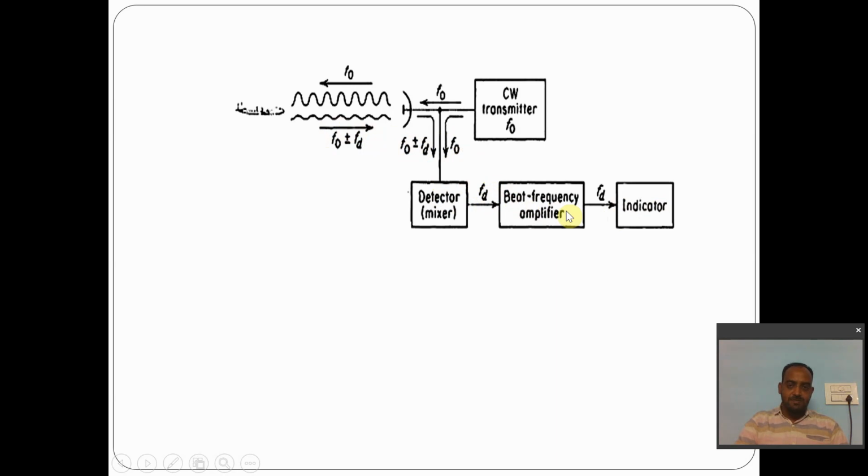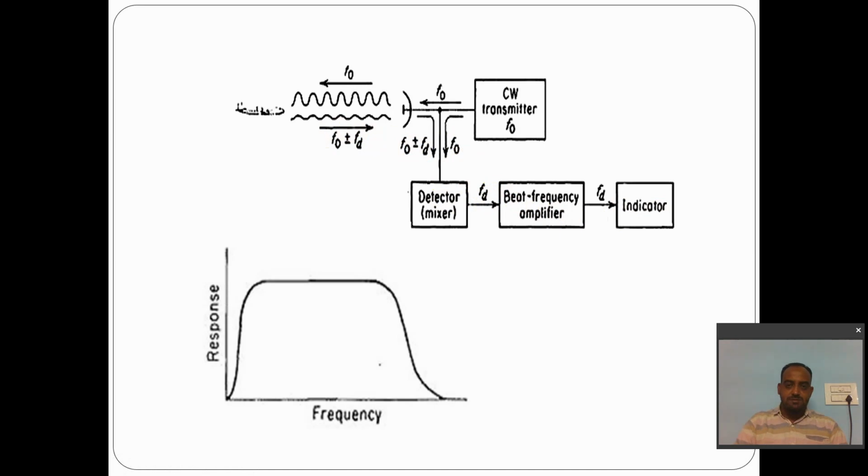Because of low frequencies, there is a noise called flicker noise. That flicker noise will predominate the actual result, which should not happen. This simple form of CW radar receiver has a very wide bandwidth.